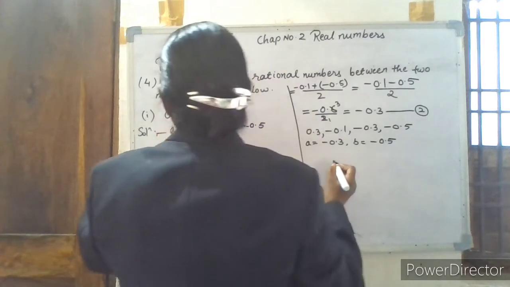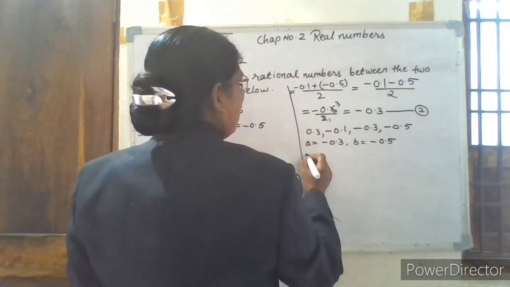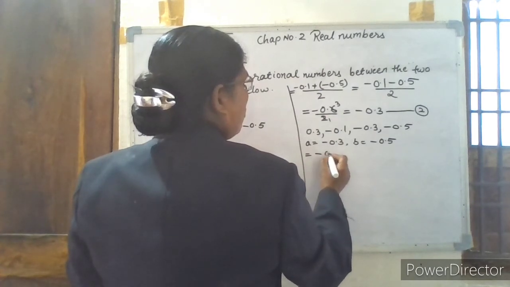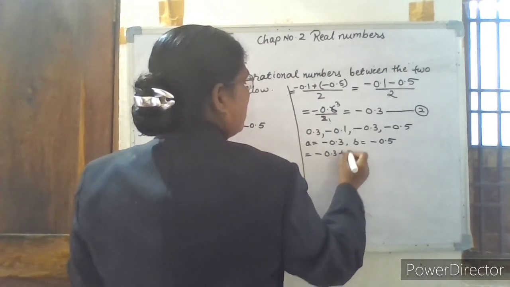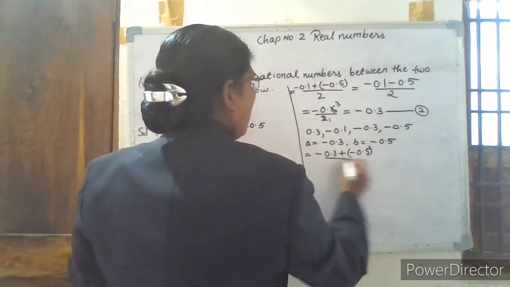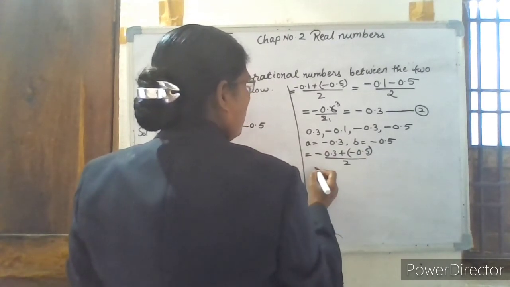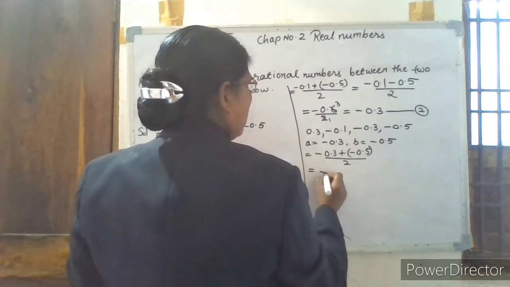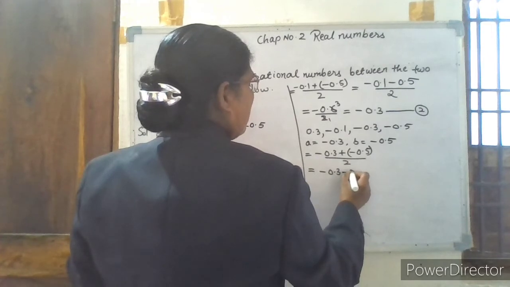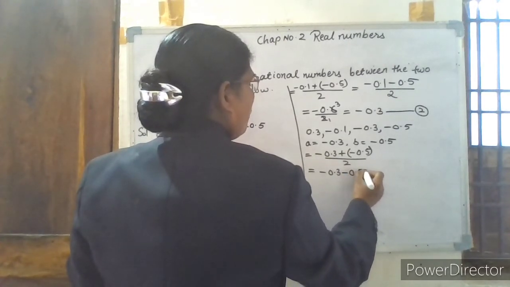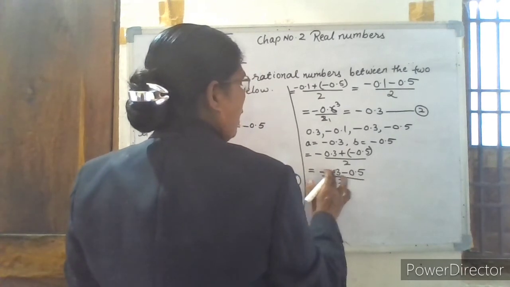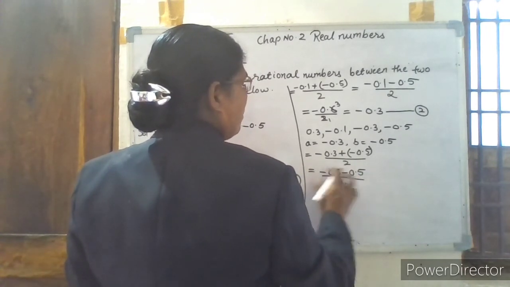Use the same formula. So it is equal to minus 0.3 plus, in the bracket, minus 0.5 divided by 2. Now open the bracket, minus 0.3 plus into minus is minus 0.5 by 2.